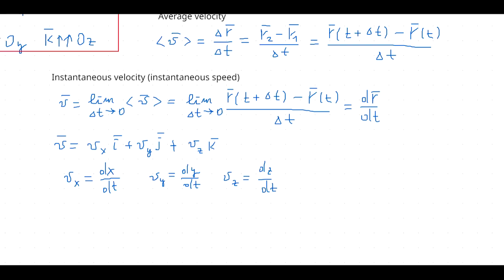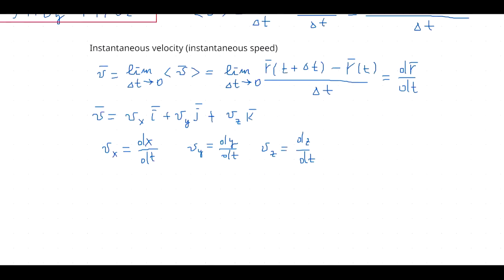Okay, so let's find the modulus or absolute value of the vector of velocity. How to do this? In many cases, absolute value is much more useful than its vector.